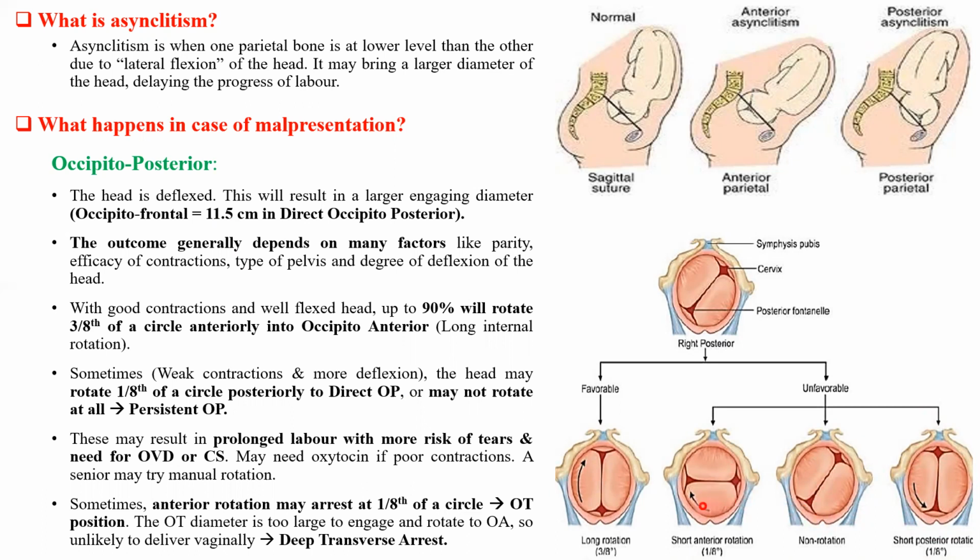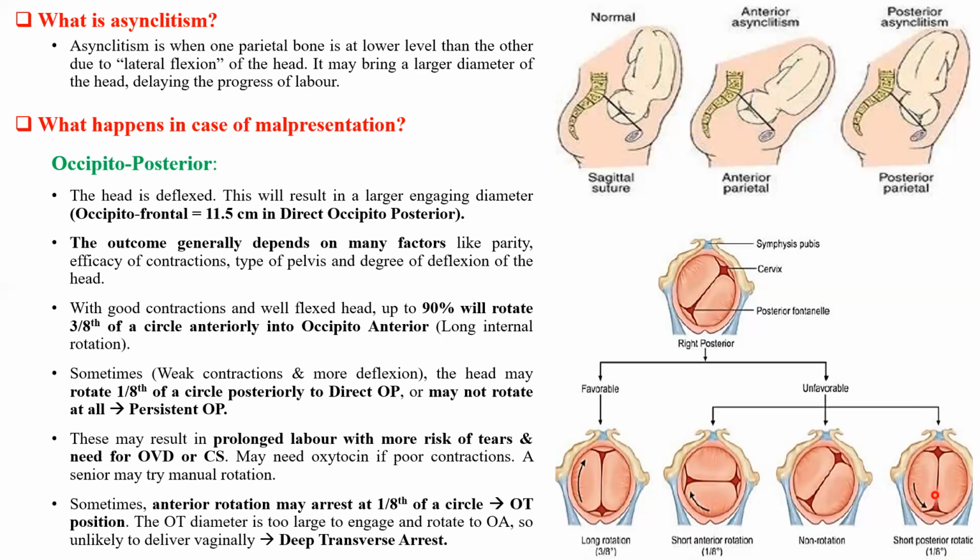Or it may rotate short anterior rotation, 1/8 of a circle only, and it will become arrested in the transverse diameter of the pelvis, and this is called deep transverse arrest. In deep transverse arrest, it is unlikely to deliver vaginally.